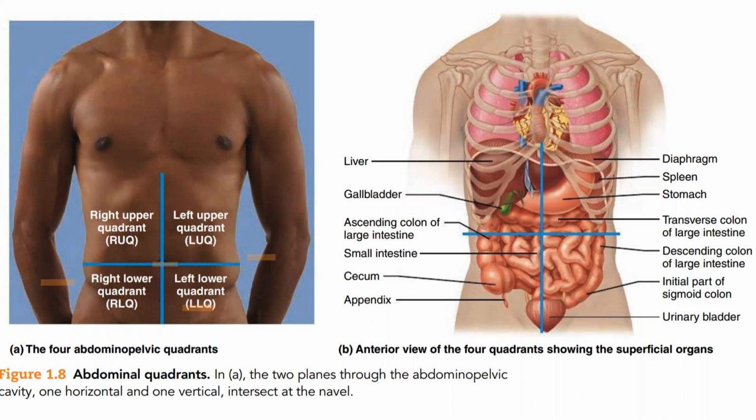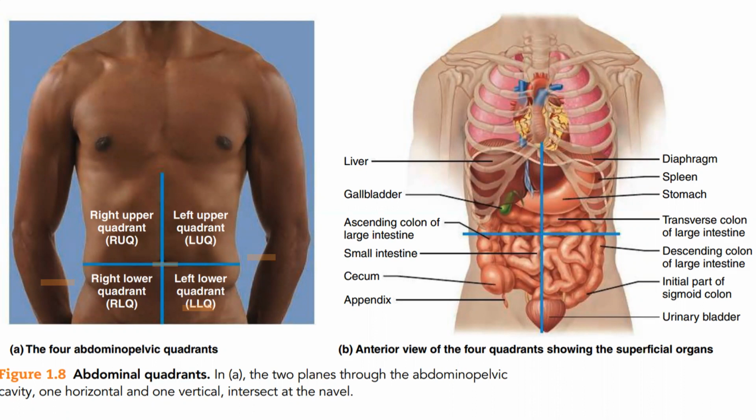If you are looking at someone's abdomen, I want you to remember this diagram, which is the 4 quadrants of the anterior abdomen. A midline crosses the umbilicus vertically, and another line runs horizontally across the umbilicus.